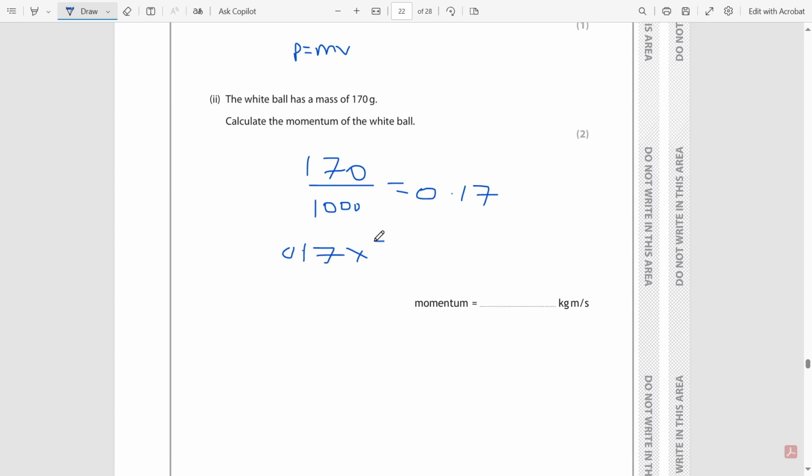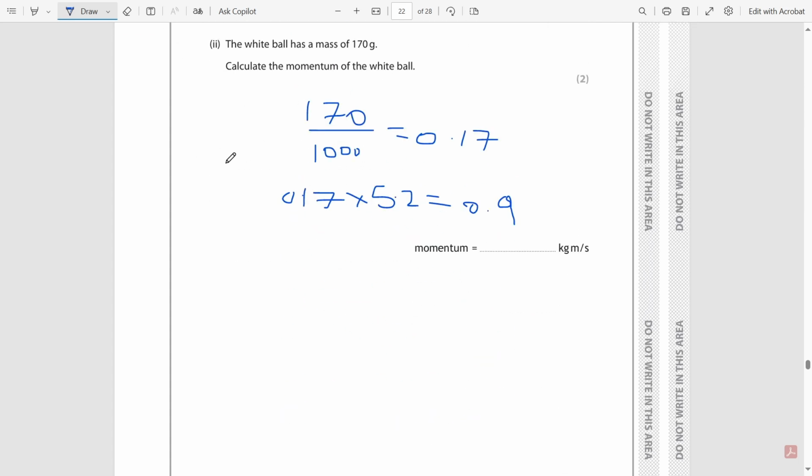Times 5.2 equals 0.884. I'm going to say 0.9 kilogram meters per second. Actually, no, let's put 0.88. I feel like that's not enough numbers. Okay.